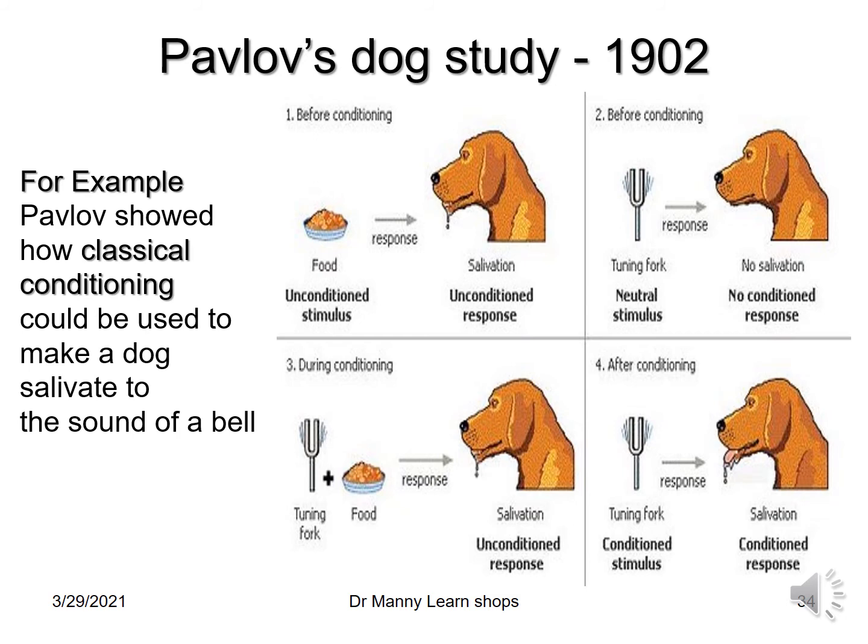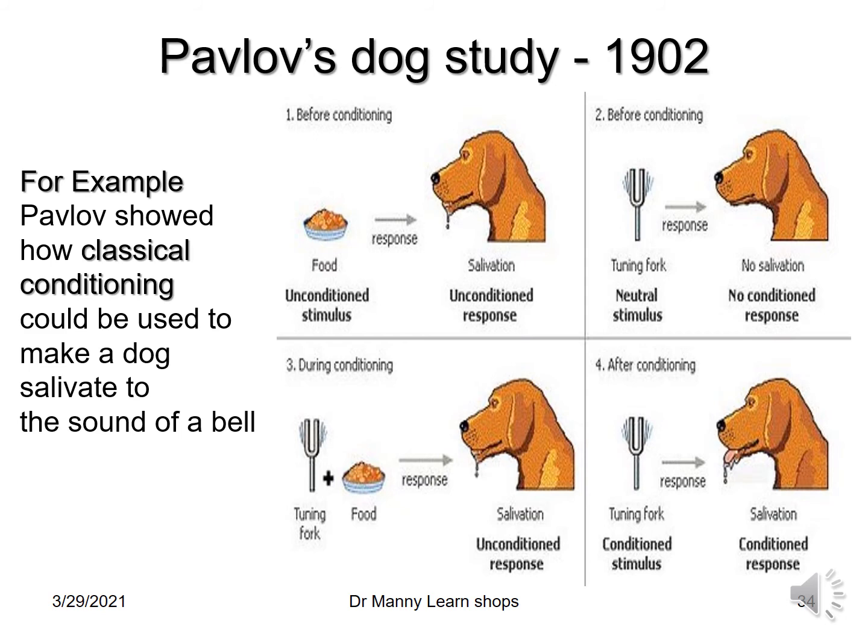Then during the conditioning process, he combined the two. He showed the dog the food, was hungry. He rang the bell or the tuning fork, and the response was salivation. Not because of the tuning fork, but because of the food. The salivation was the unconditioned response, because again it was associated with food.